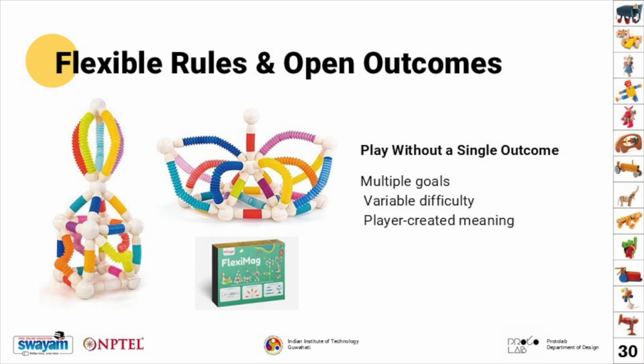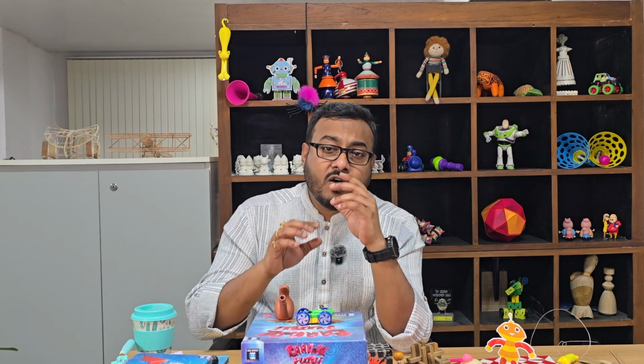The toy becomes a platform rather than a test. Universal design, therefore, reduces competitive exclusion by expanding definitions of success. One of the strongest indicators of universal design is transgenerational play.